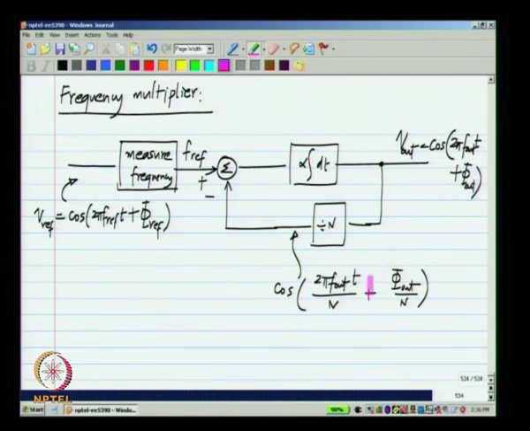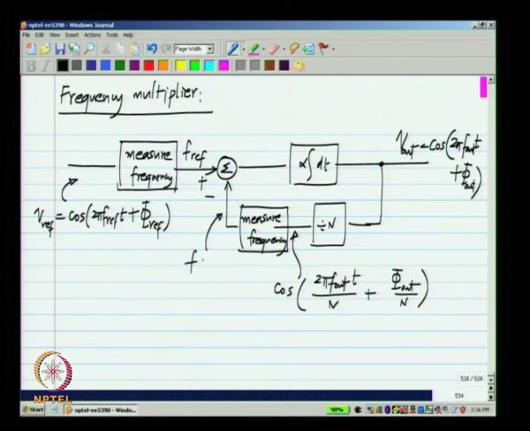We will see soon how this comes about, and we have to measure the frequency of this one. Okay, and compare the two. So, at this point we will be getting f out by n.